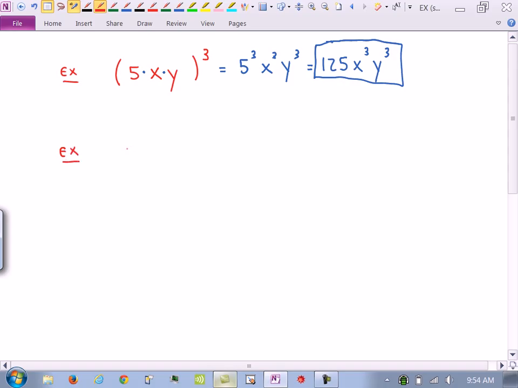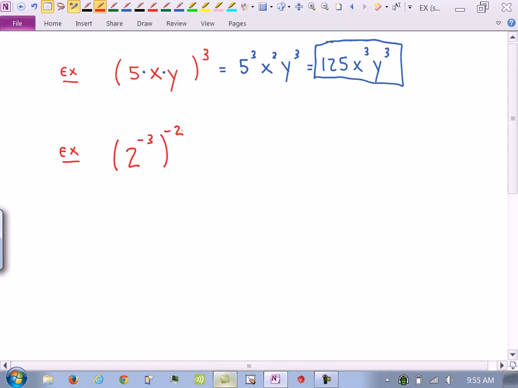How about 2 to the negative 3 to the negative 2? Yeah, now what property are we looking at? The fifth one, right?